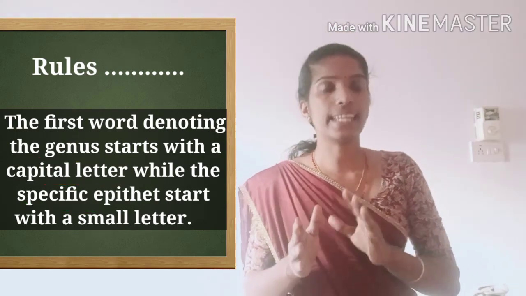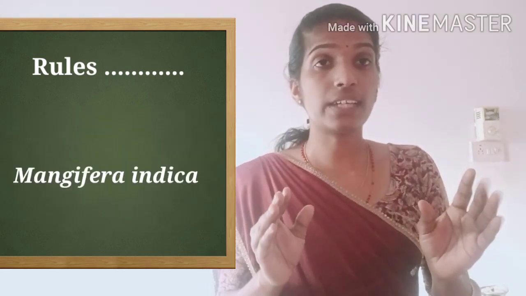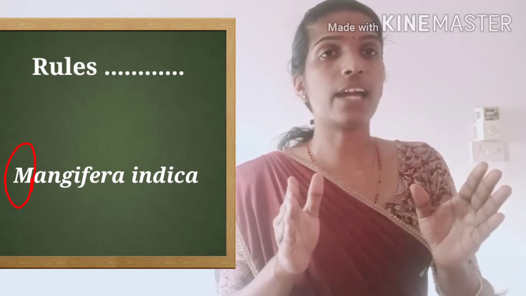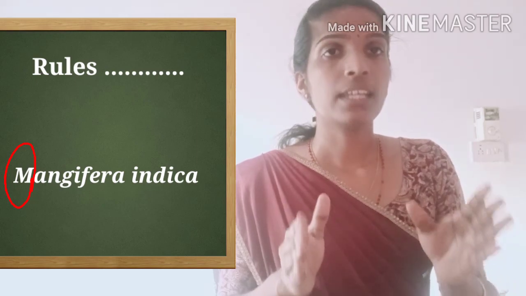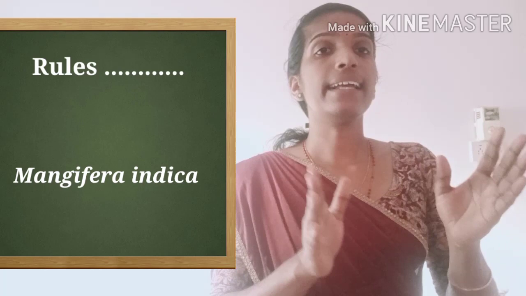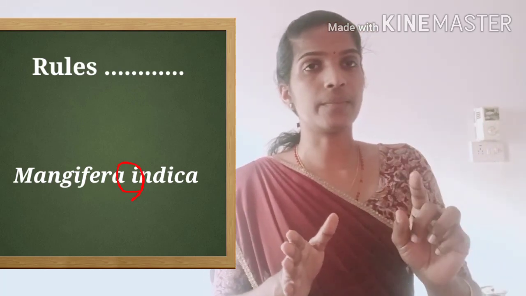So here you can see an example. The scientific name of mango is Mangifera indica. Mangifera is the genus name, so you should start with capital letter M. And the species name indica starts with small letter i.